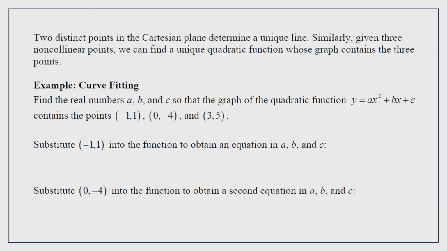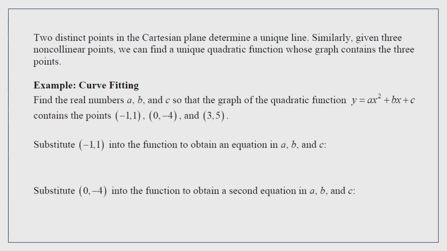So two distinct points in the Cartesian plane determine a unique line. Similarly, given three non-collinear points, we can find a unique quadratic equation or function whose graph contains the 3 points.